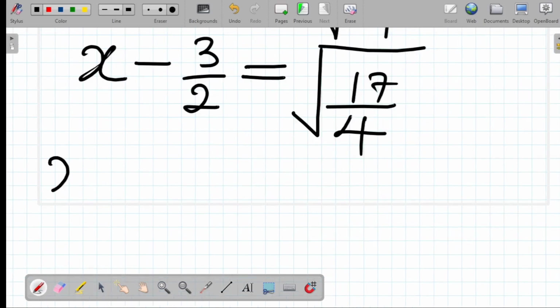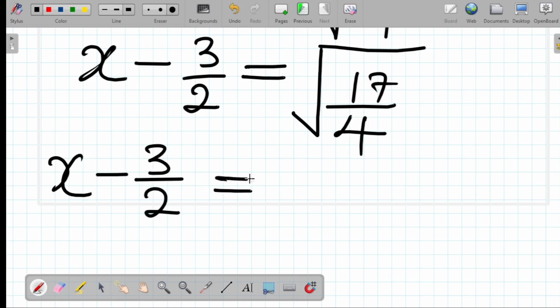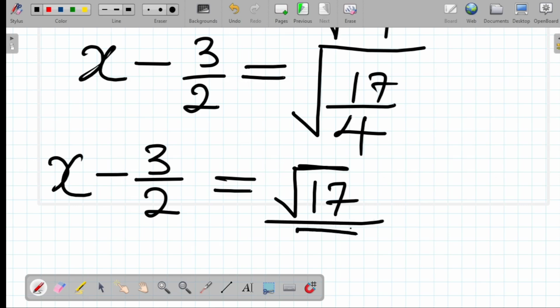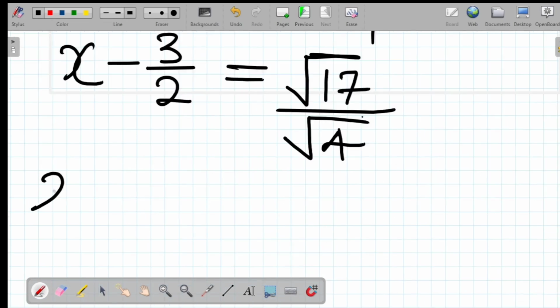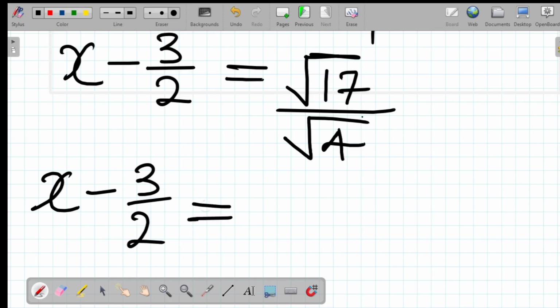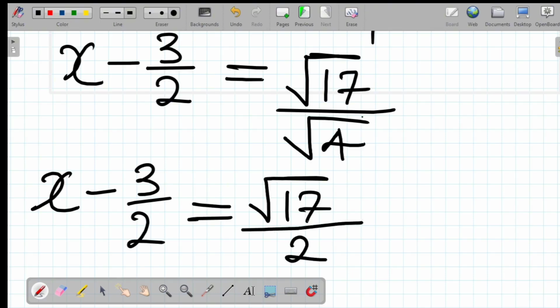This can be written as square root of 17 all over square root of 4. So x minus 3 all over 2 is equal to square root of 17 all over square root of 4, which is 2.